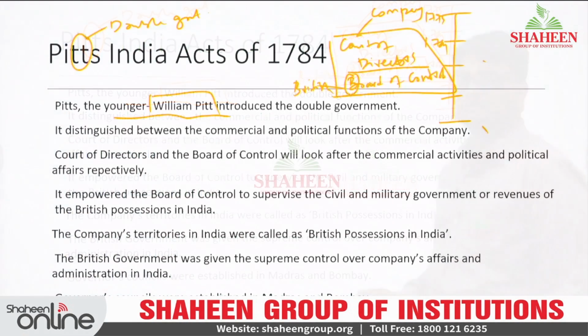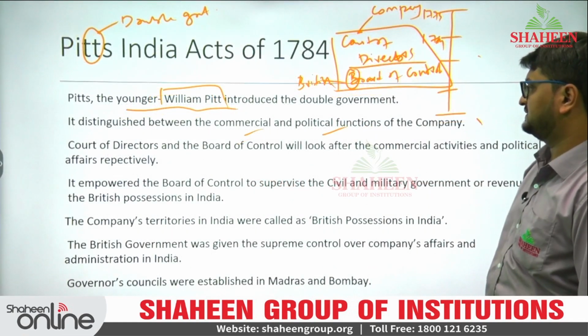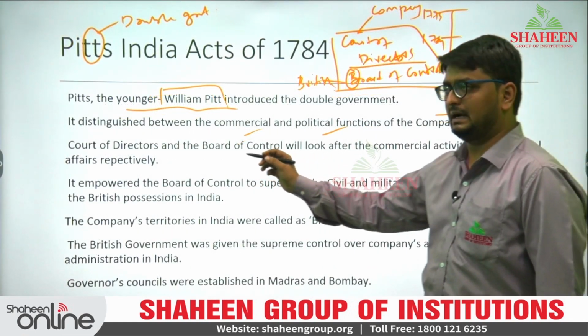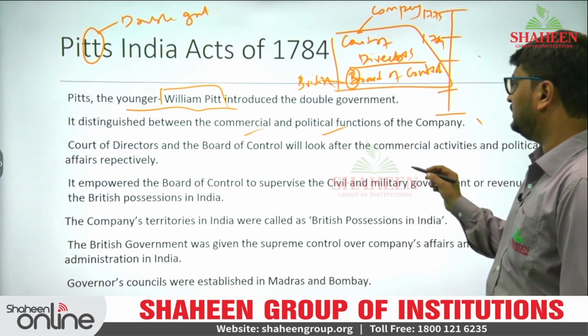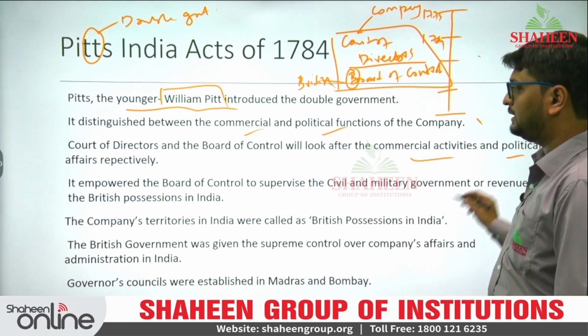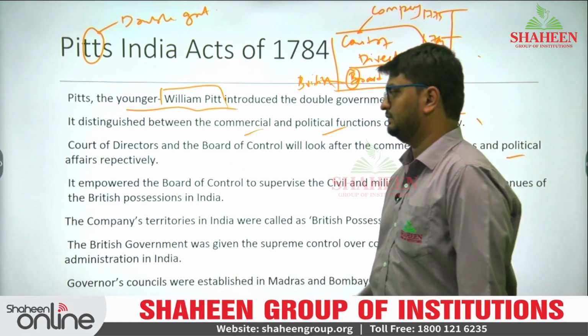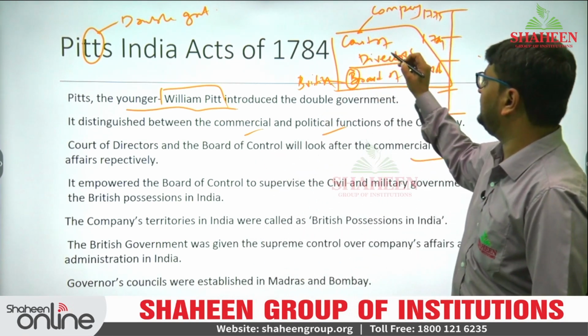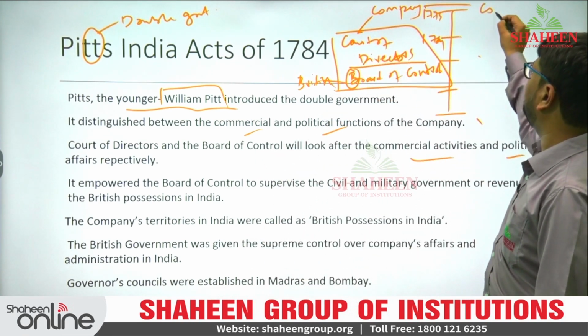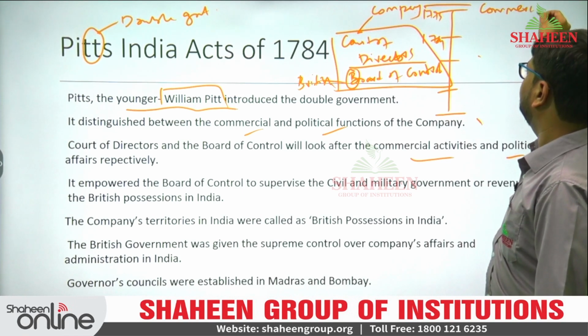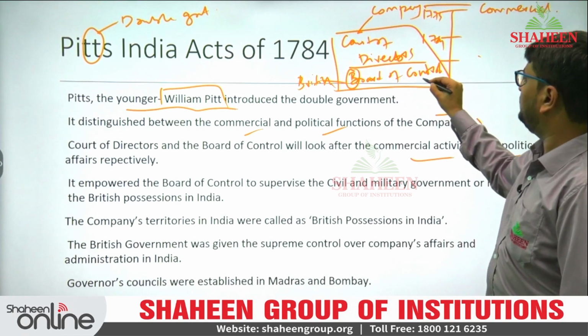So the functions basically were divided among these two bodies, commercial and political functions. The Court of Directors and the Board of Control will look into the commercial activities and political affairs respectively. The Court of Directors, the company, will now be seeing only commercial activity. And what about the Board of Control?